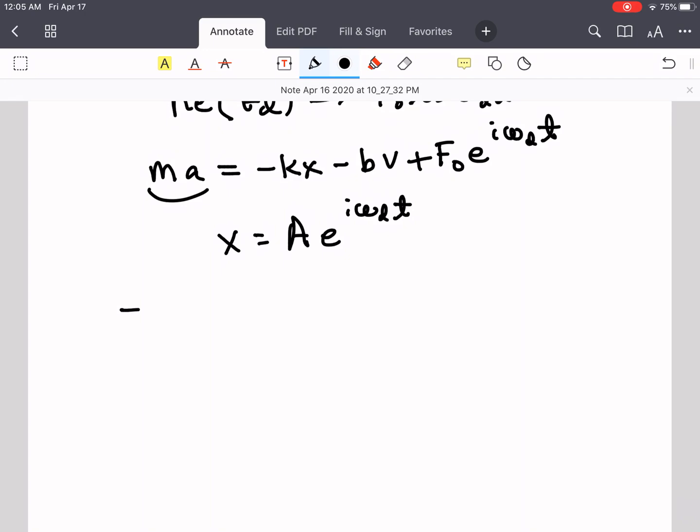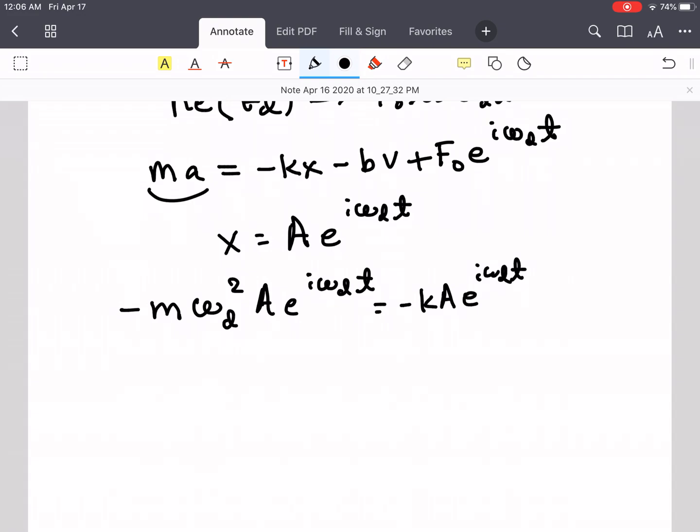Mass times acceleration becomes negative m times omega d squared, since i squared becomes negative 1, from taking the derivative, times A e to the i omega drive t, is equal to negative k times x, so that's just negative k A e to the i omega drive t, minus b times the first derivative, the velocity, so that's minus b times i omega drive A e to the i omega drive t, and finally plus that force, F0 e to the i omega drive t.